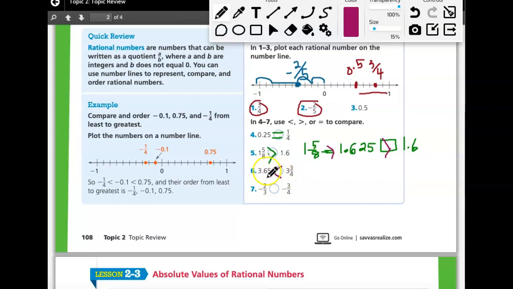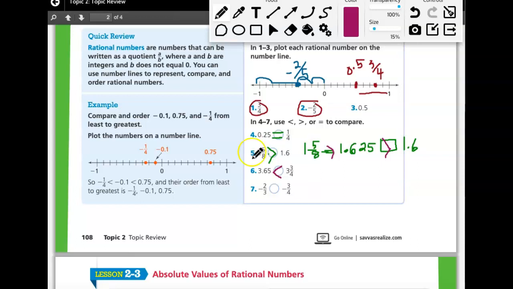So if you have negative 2/3 and negative 3/4, how will you know which one is greater or less? Anyone? Mansi? Joy? Ada said negative 2/3 is greater. Do you agree with Ada, everyone?